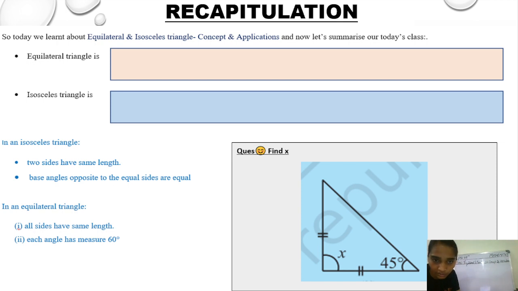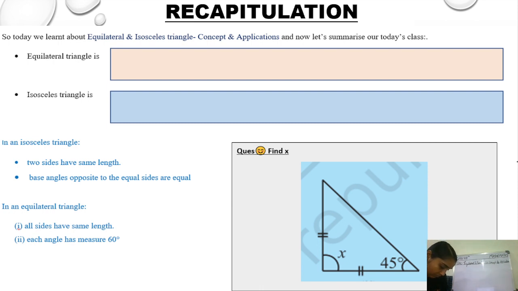So now there is one question, students. What you have to do? Simply you have to find out the value of x over here. So for that, students, first of all, what do you see over here?